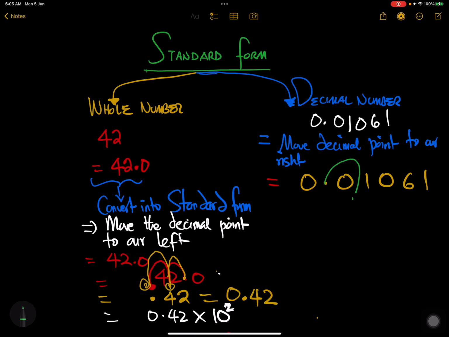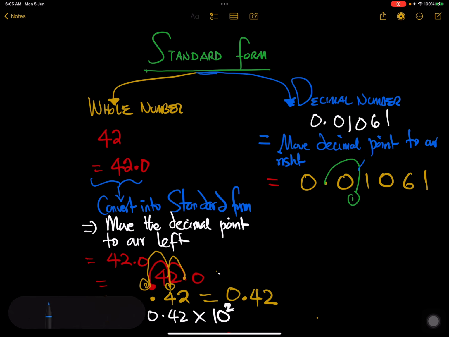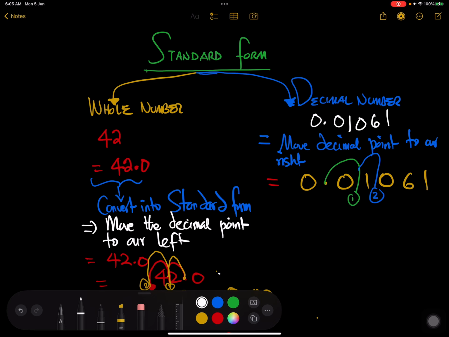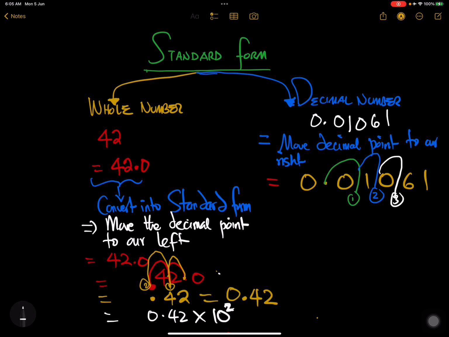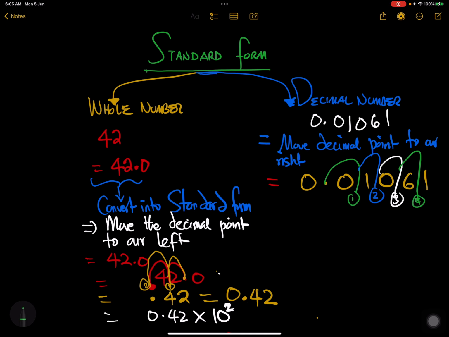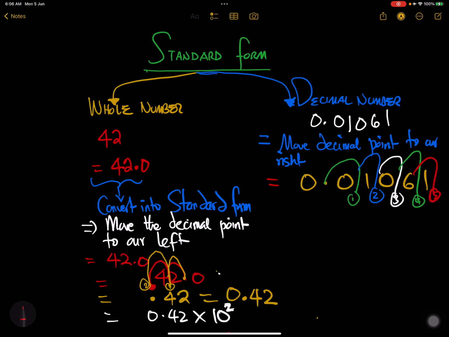This is the first one, this is the second one, this is the third, the fourth, and it is the fifth one. So basically, what we are having is 0, 0, 1, 0, 6, 1, because we removed the point right here.